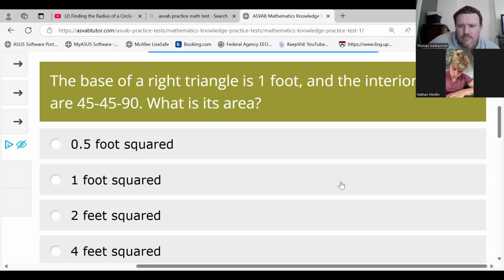Yeah. Base of 1 foot. The interior angle. 32.